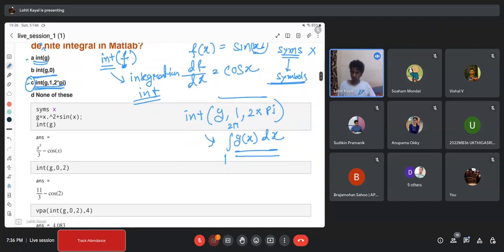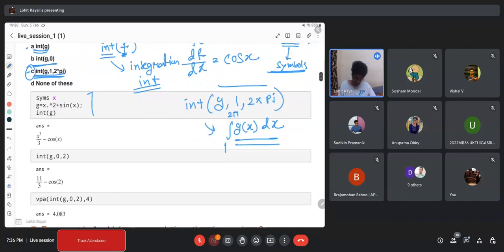Now let's go to the code. So this is the code. I have already told that I have to mention to MATLAB that x is a symbolic variable. It is not any number. So syms x. When you write syms x, it will turn purple, which indicates MATLAB is now considering it as a symbolic variable.